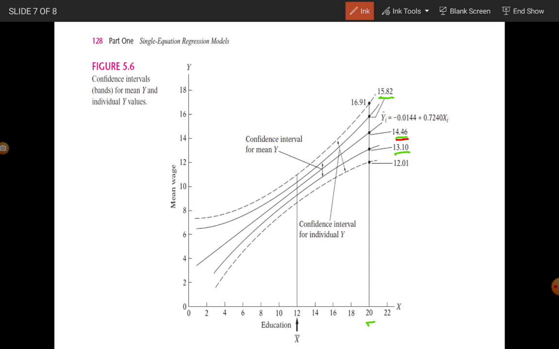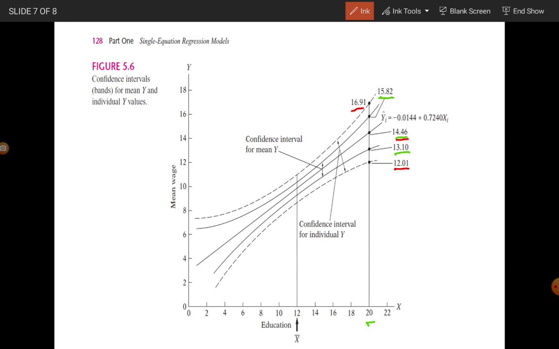So the value remains the same, but the confidence interval is wider in the case of individual prediction. For the value x equals 20, when they calculated the confidence interval, they say it is 16.91 to 12.01.